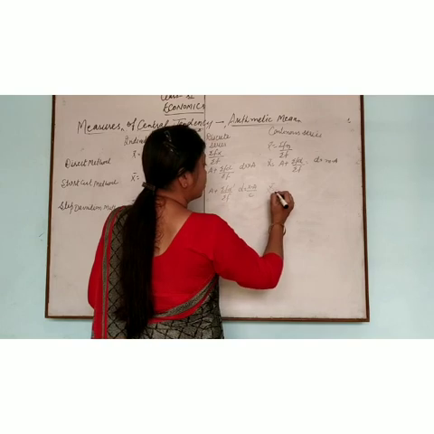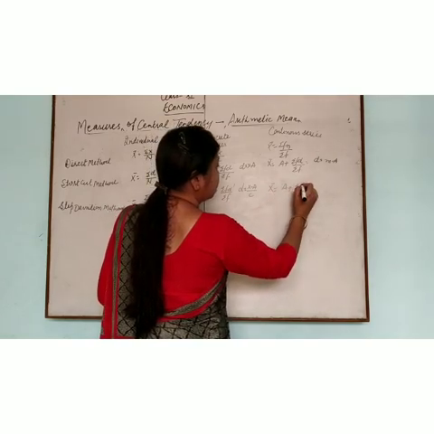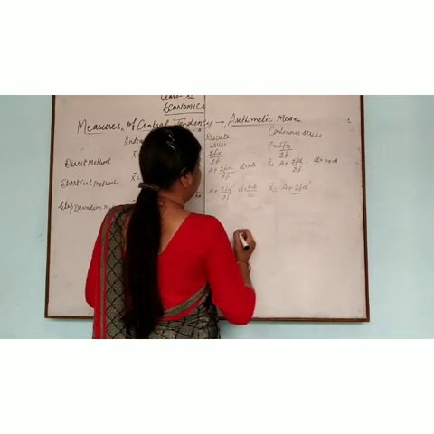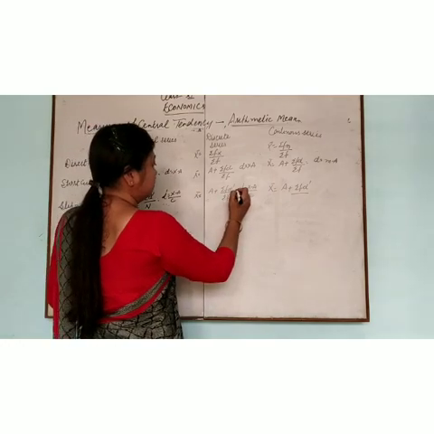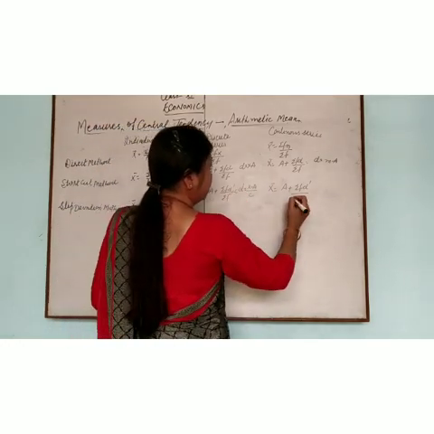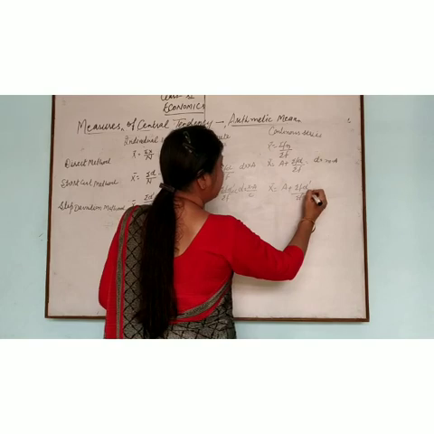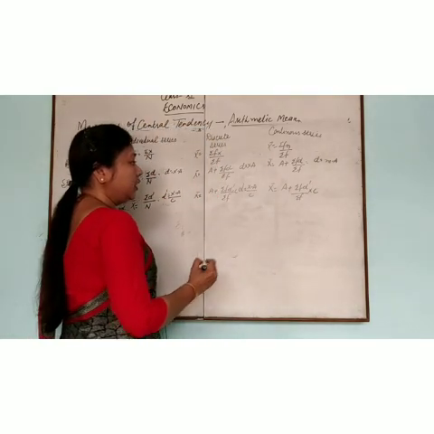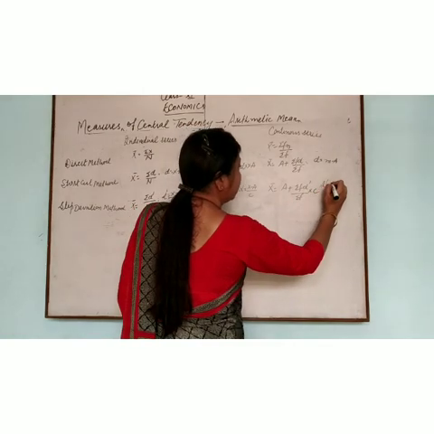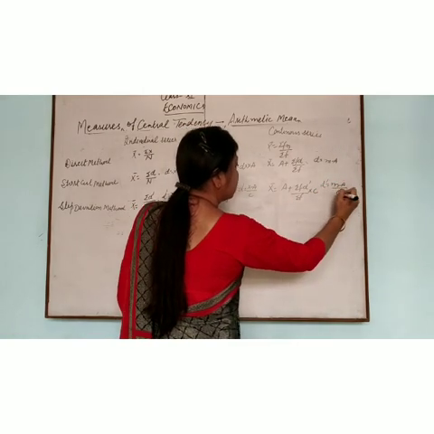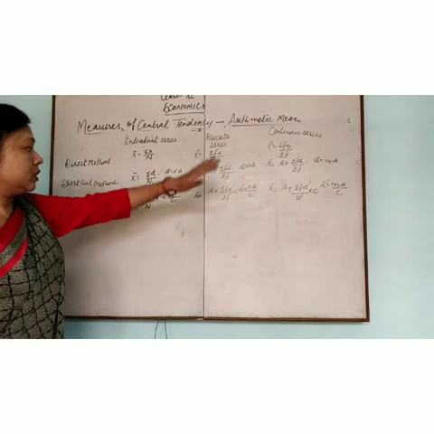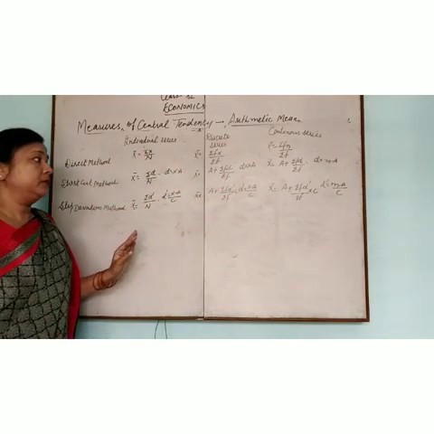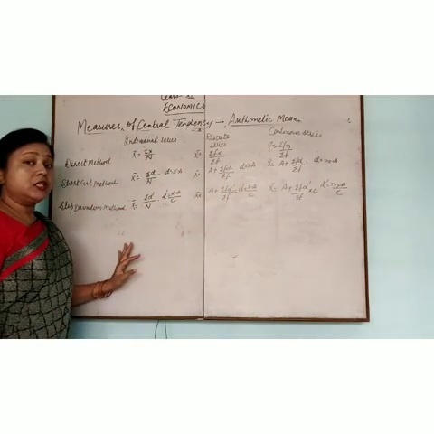And x bar in the step deviation method is a plus summation of fd dash upon summation f, into c. C is the common difference and d dash is equal to m minus a upon c. So for all the series you can calculate the arithmetic mean using these formulas.